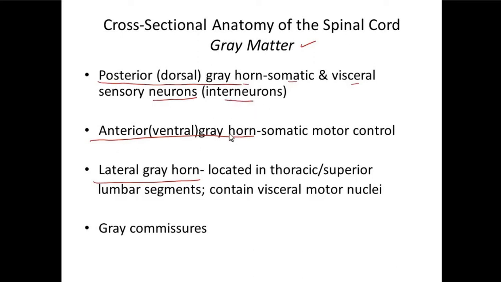The anterior or ventral gray horn, you're going to have somatic motor neurons there. And then the lateral horn is limited to the thorax and the superior lumbar segments, and it contains visceral motor nuclei, and these motor nuclei are connected to the visceral efferent fibers.